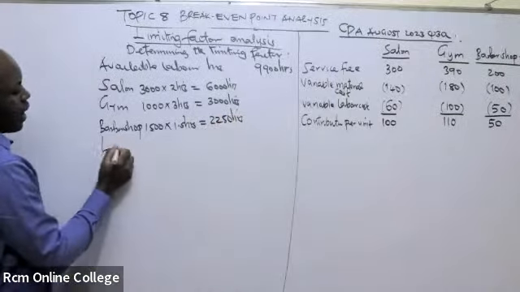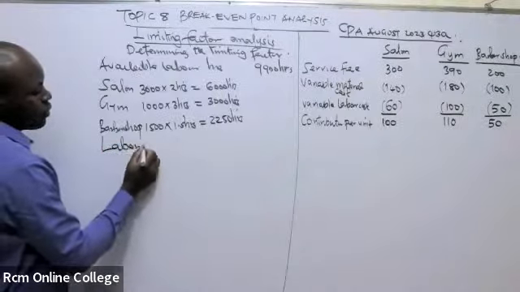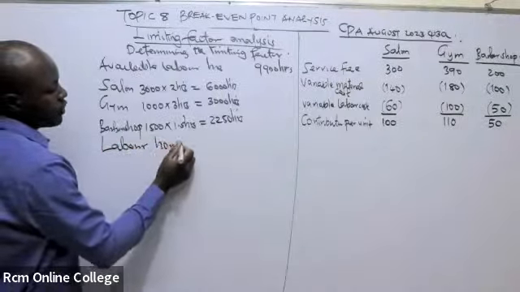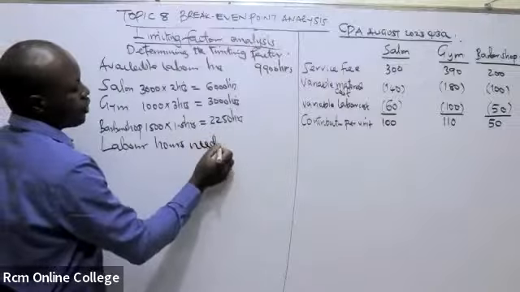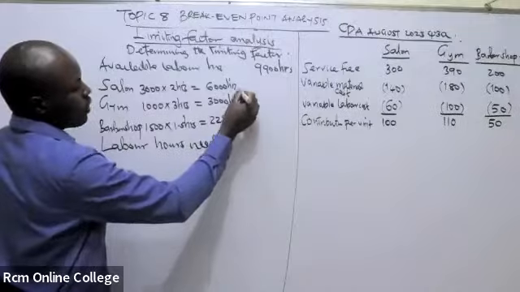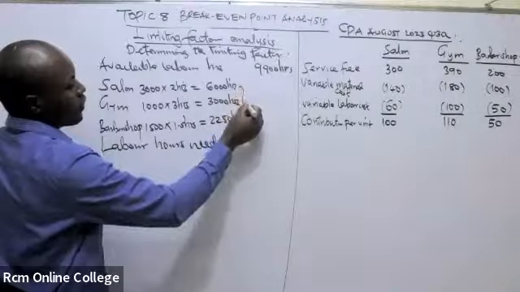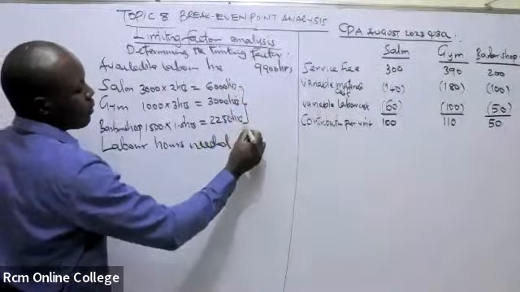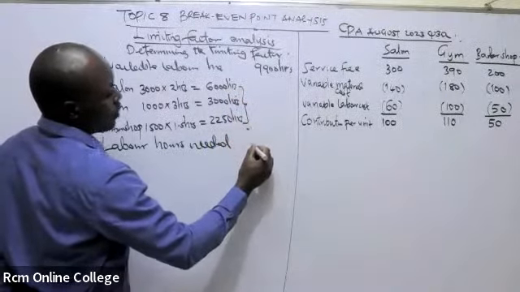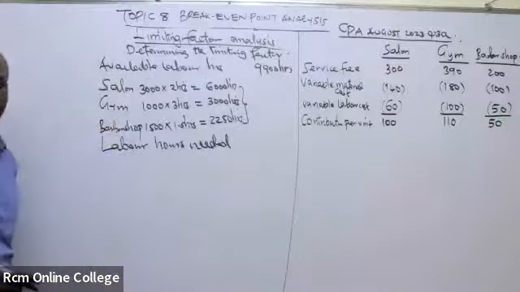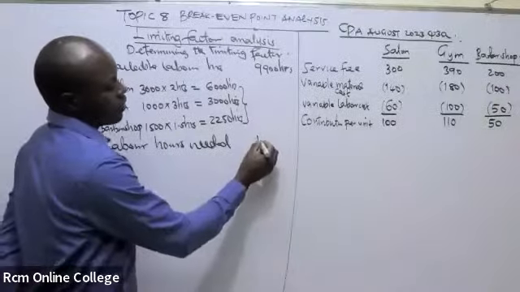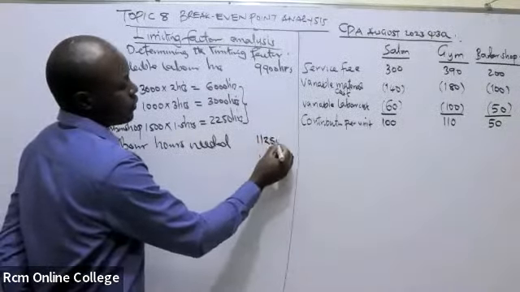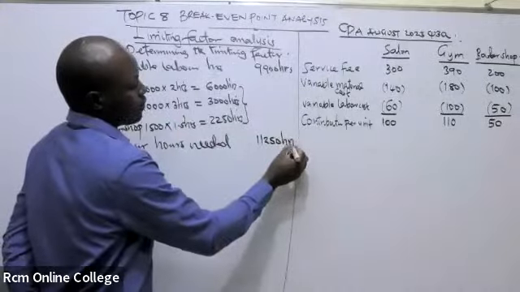Can you add everything? So labor hours needed, how much is it? Can you add the 3? Add these 3. What do we get? Labor hours needed, 11,250 hours.